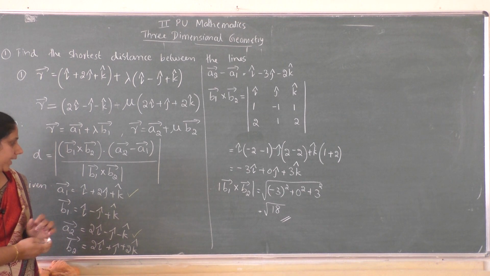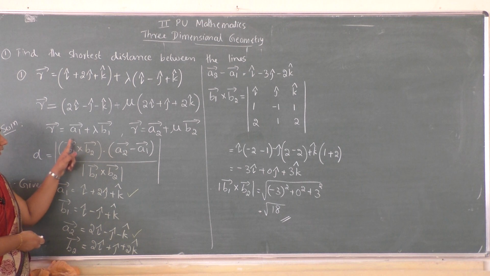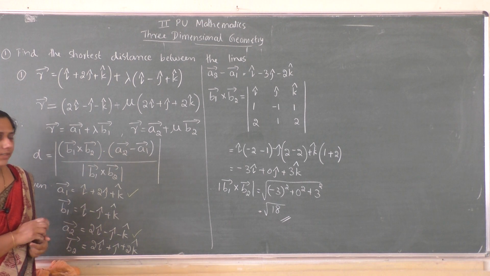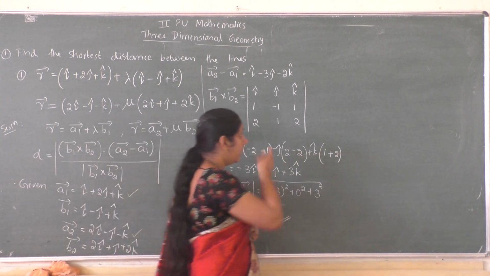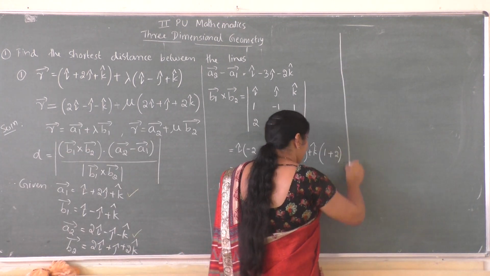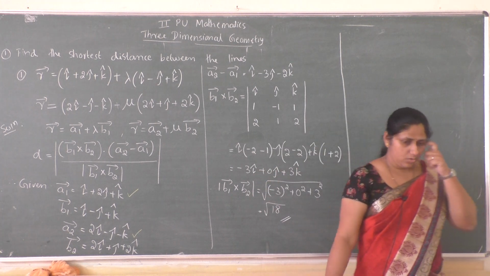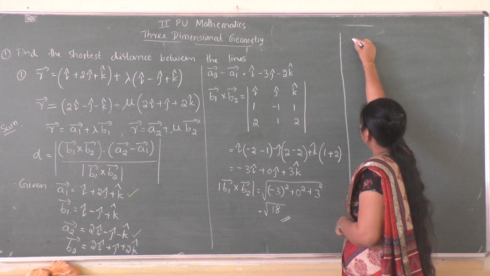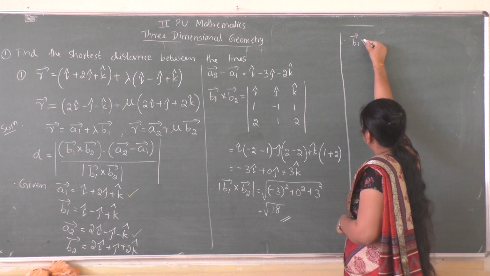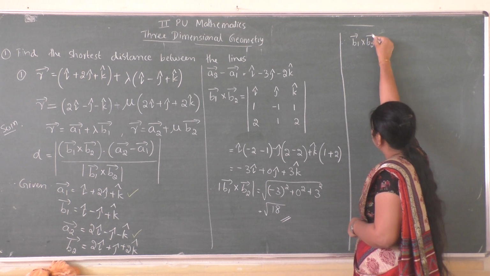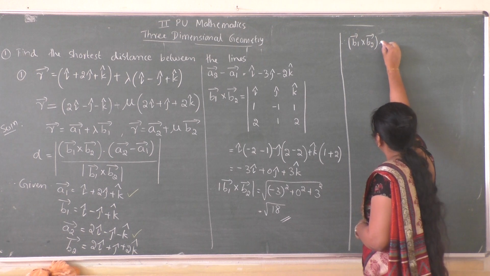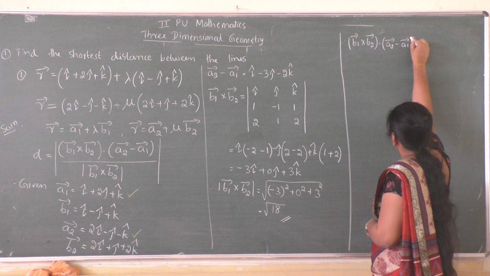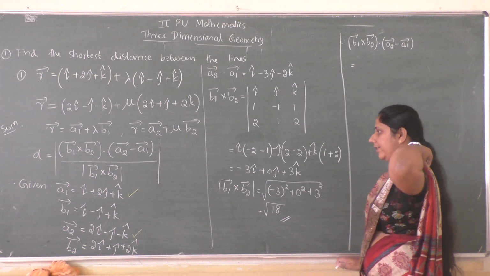Next, what we have to find? b1 vector cross b2 vector dot vector a2 minus vector a1. So now we have to find the dot product of b1 vector cross b2 vector with a2 vector minus a1 vector.